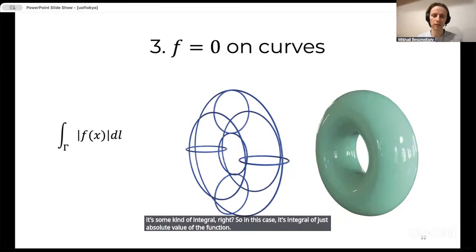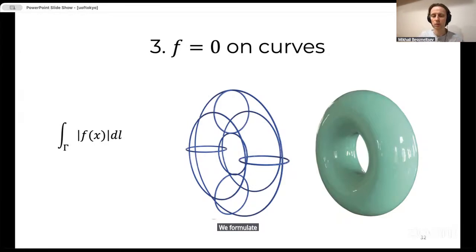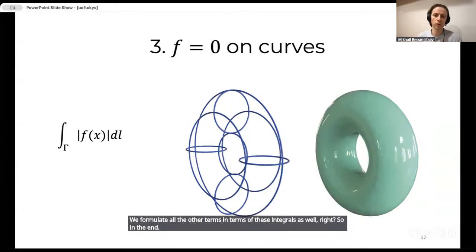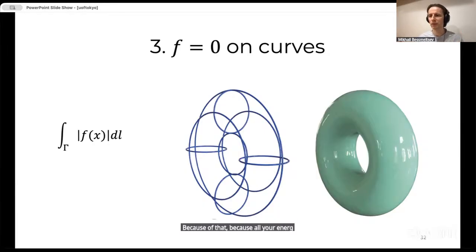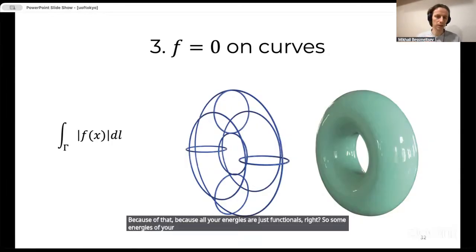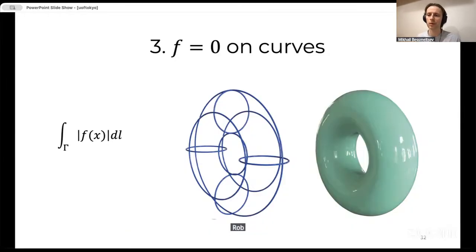And we formulate all the other terms in terms of these integrals as well, right? So in the end, what you're minimizing for your variable is the function f, right? And you're doing this variational optimization, and because all your energies are just functionals, right? So some energies of your function, the optimization becomes robust to noise, right?